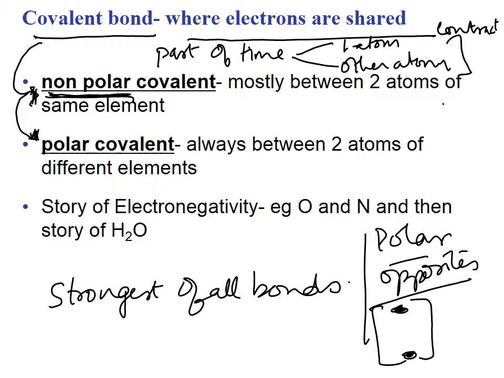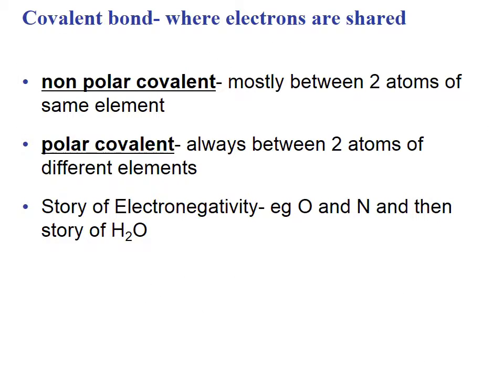Okay, so an example is one hydrogen bonding with another hydrogen. This is going to be a non-polar covalent bond wherein electrons are equally shared and life goes on. On the other hand, you have something known as polar covalent bonds.